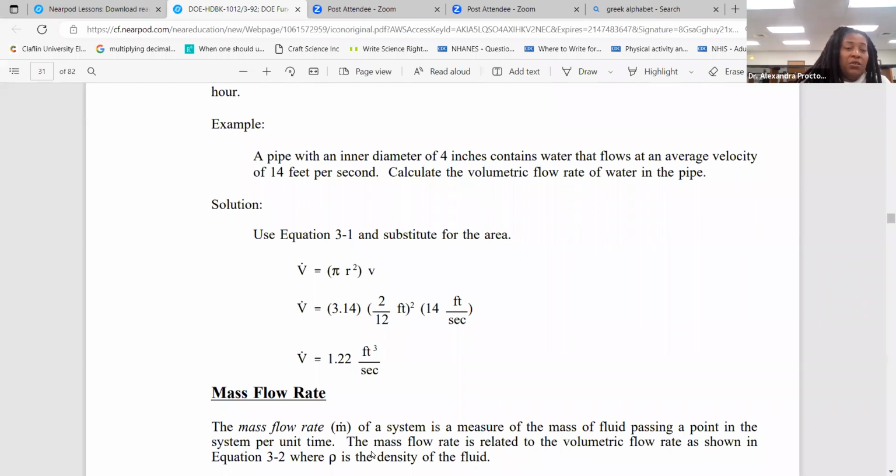They put in 2 and divide it by 12, and square that quantity, times 14 feet per second. They just used shorthand, since 1 foot is 12 inches, so they divide by 12 and square all of that. So V is equal to 1.22 feet cubed per second.